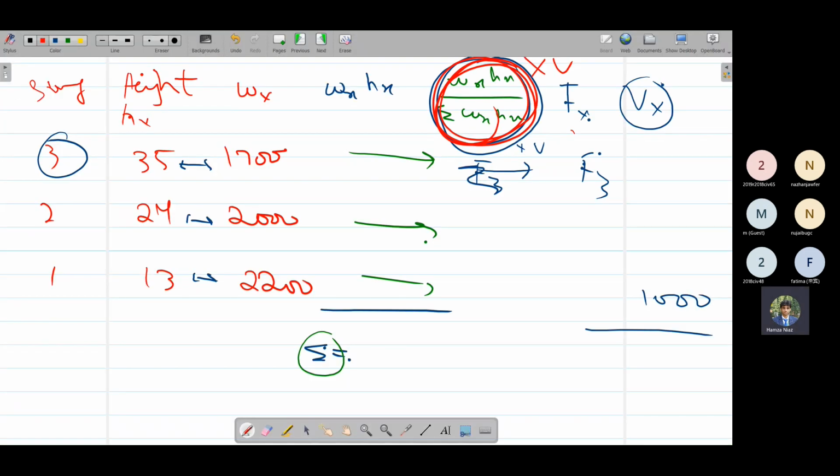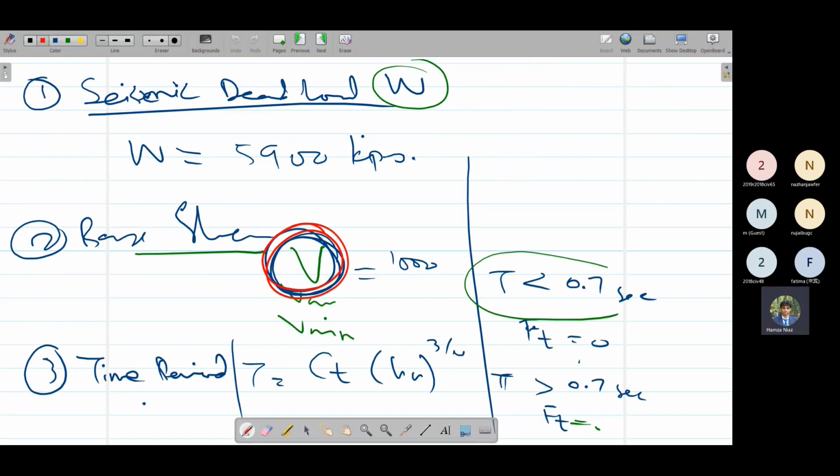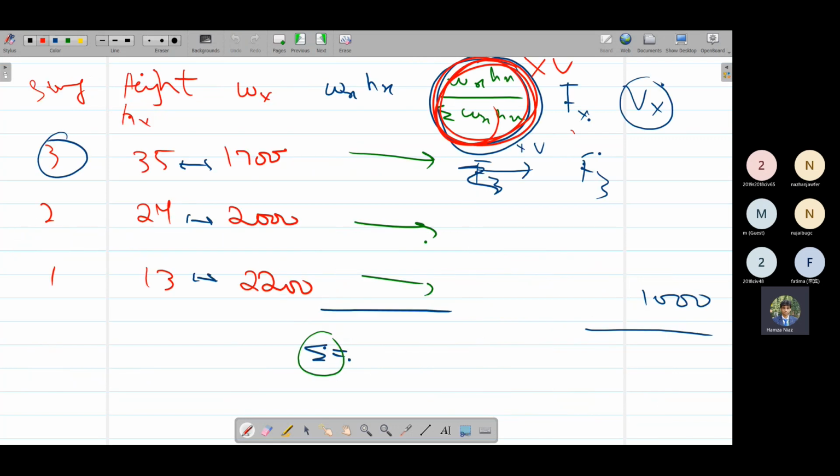So, for example, this was a case where Ft is 0, the time period being less than 0.7. If our time period was greater than 0.7, we would have obtained some value of Ft. The only difference would have been in the topmost story, story 3. After calculating Fx, we have to just add Ft also here.